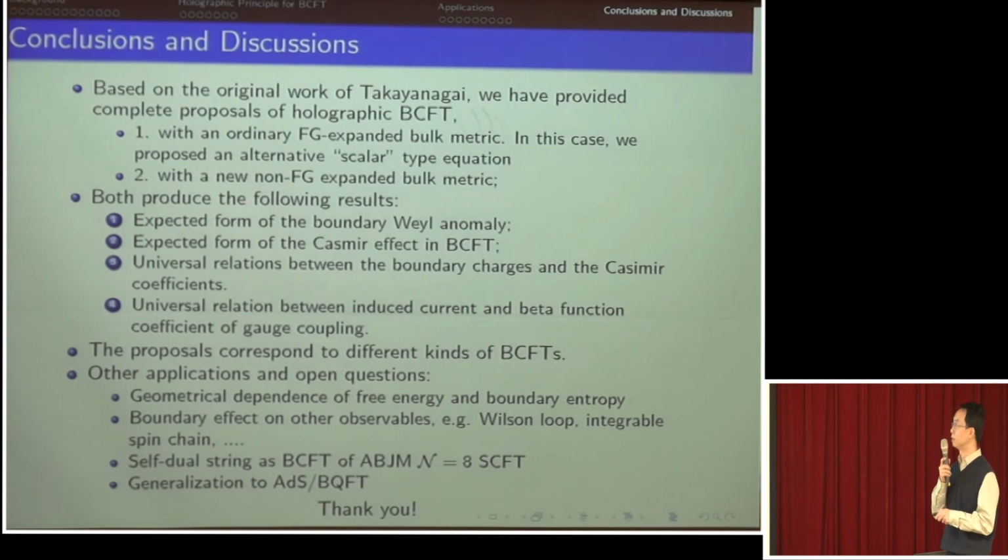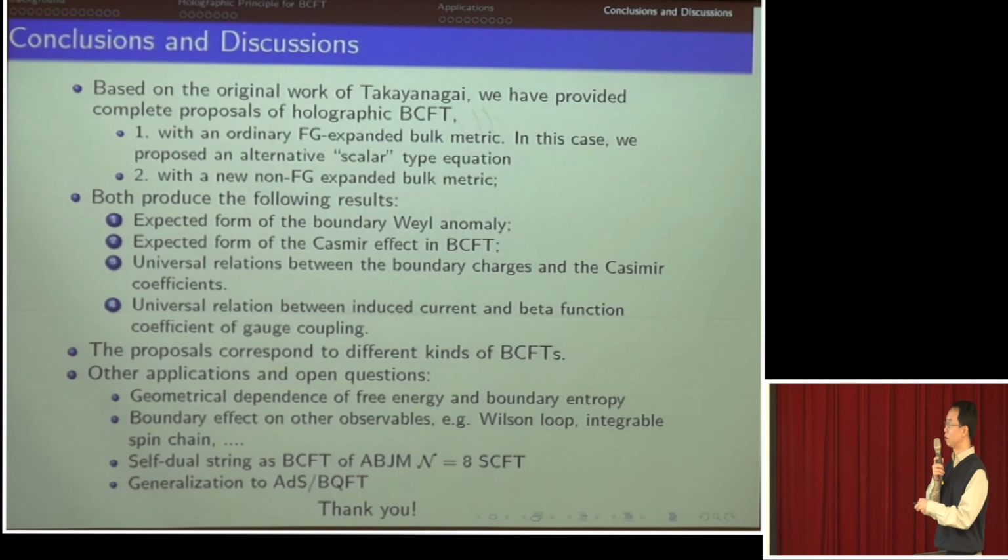The other one is a new non-FG extended bulk metric, using his original boundary condition in the original tensor type equation. Both work, and both reproduce all the expected features for boundary conformal field theory, including the boundary Weyl anomaly and the boundary effect on the energy momentum tensor in the form of a Casimir effect.